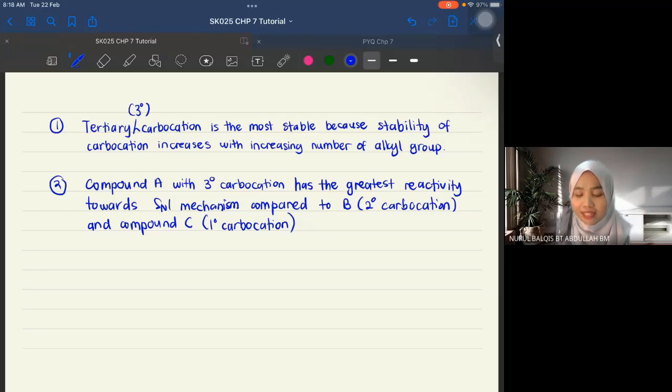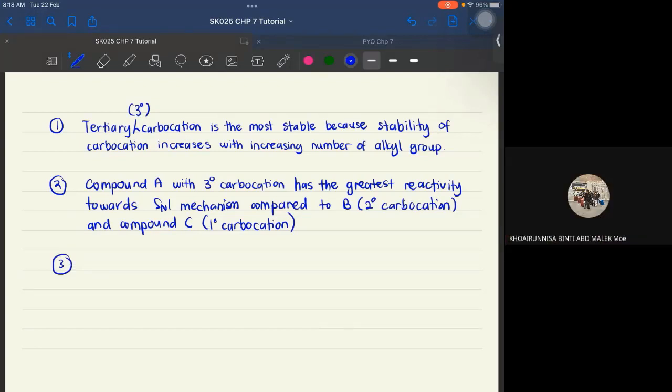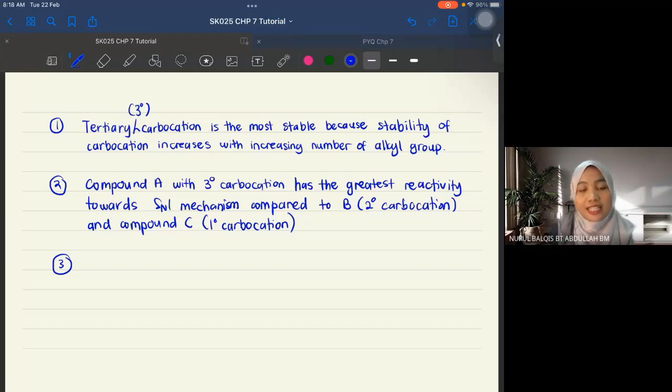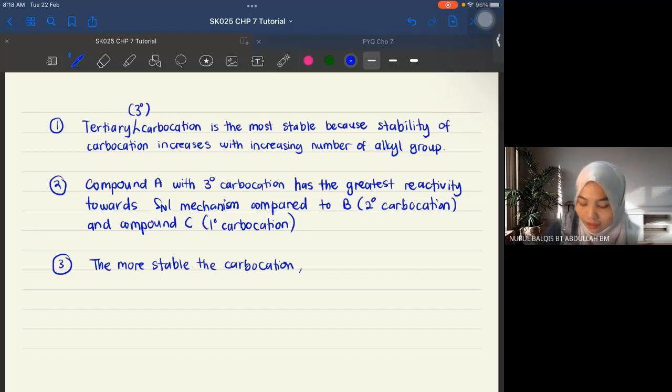Jadi bila dia greatest reactivity towards SN1 kita nak buat apa? SN tu belongs to apa? SN. S tu apa? Substitution nucleophilic. Substitution dan nucleophilic. Jadi kita nak cakap lah yang bila stabil, okay, awak boleh cakap the most stable the carbocation, okay, the more susceptible.